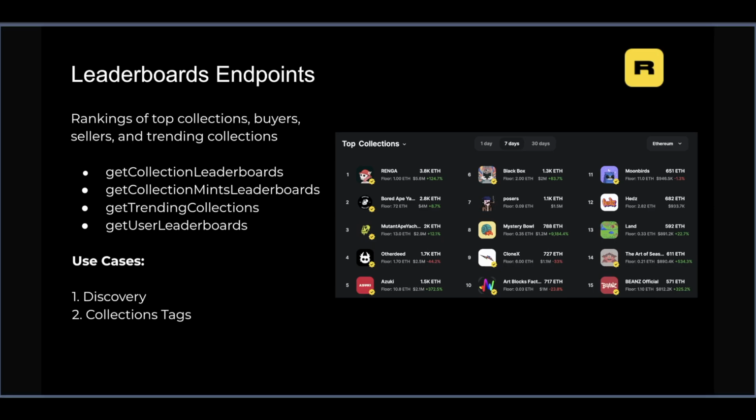So overall, all these leaderboard use cases are mainly around discovery, to allow users to discover collections and, in this case, users. But in addition, these can also become a tagging system that can be used for different collections to be included in your applications as well.